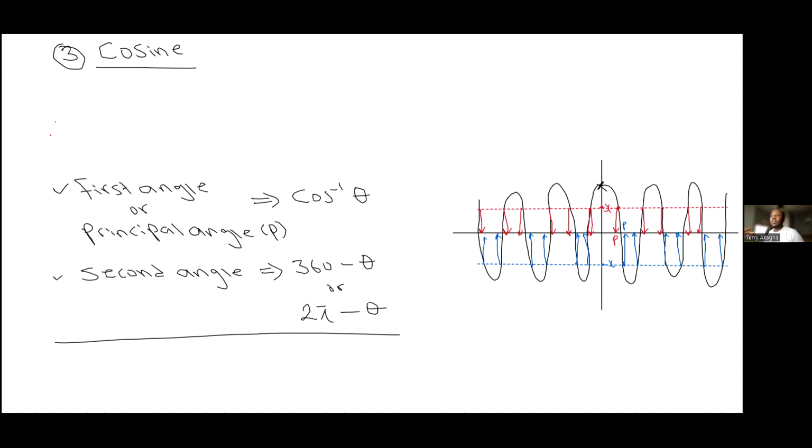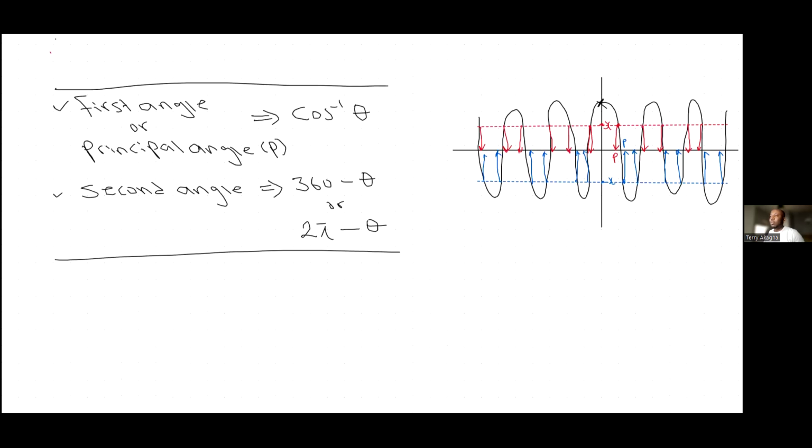So it is from these two angles that you derive the remaining possible solutions for this. If you're going in the positive x direction, you add 360 degrees, or if you're working in radians, you add 2 pi.